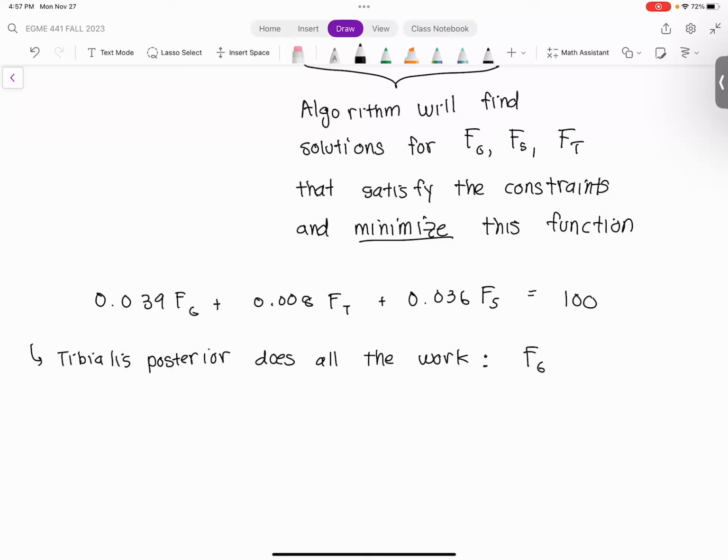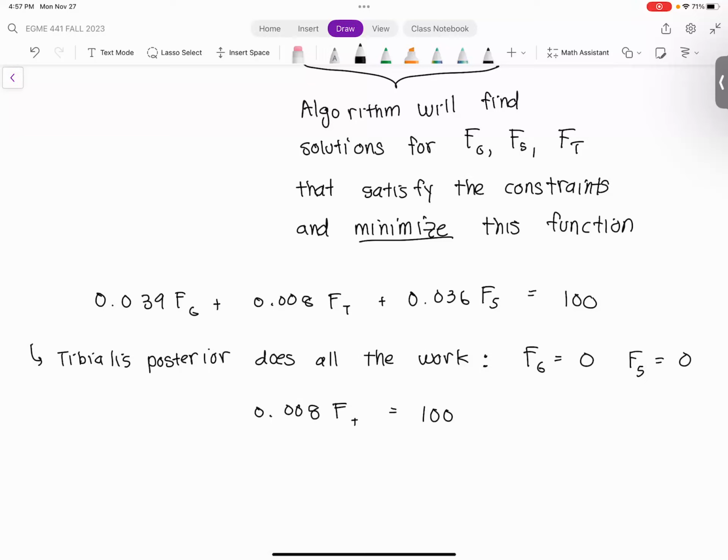That means FG is going to equal 0 and FS is going to equal 0. Okay. And so if that were the case, then our constraint equation simplifies to 0.008 FT is equal to 100. And so through our assumptions here, we were able to eliminate 2 of the unknowns. And so that leaves us with just one equation here.